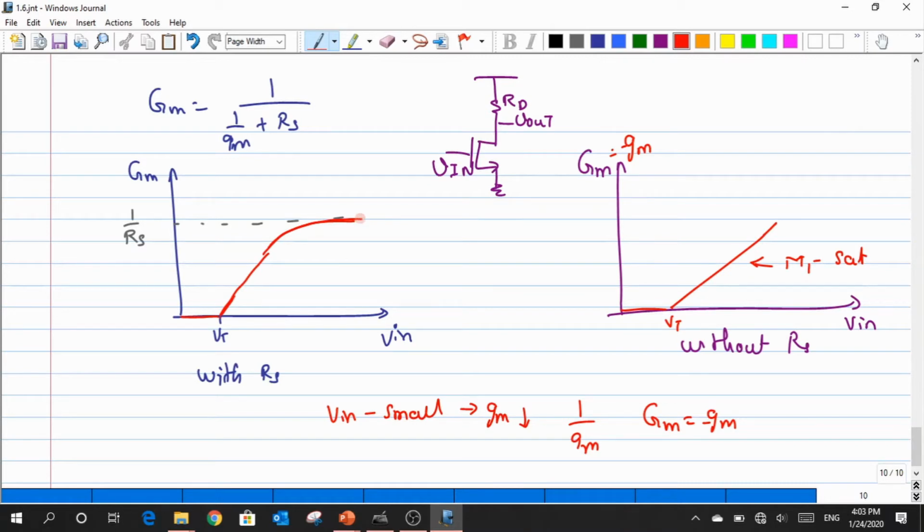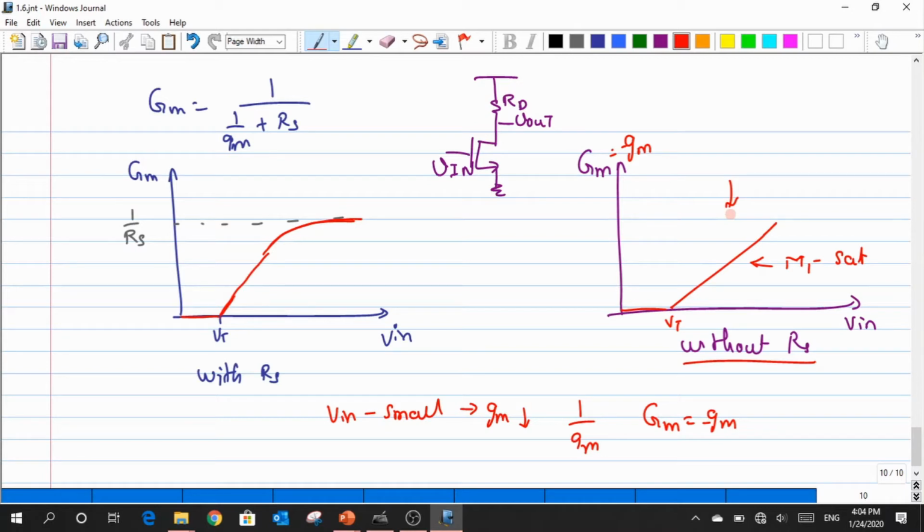Now, is there any problem with this kind of graph when I didn't have any source degeneration? What is the inference that we got out of this graph? Yeah, so just because when my Vn is changing, my GM is also changing, and due to which the gain was also getting varied, right? That was the issue. But in this case, you could see just for the initial values of Vn, the GM is dependent on my Vn, and that is a problem.